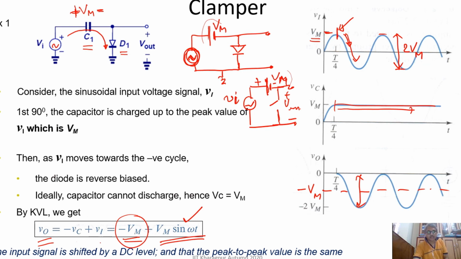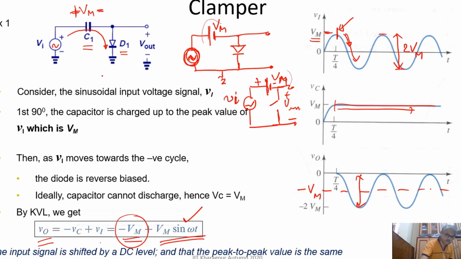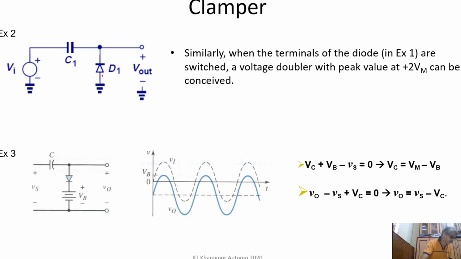The same thing we can discuss if we switch the diode polarity. Compared to example number 1, here we have reversed the diode polarity. If you think carefully, when the diode is on, that is the negative half of the cycle, this negative part of the cycle here, the diode will be on and it will charge the capacitor.